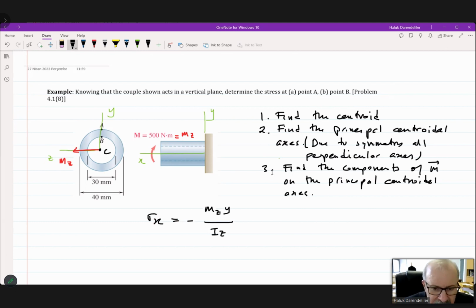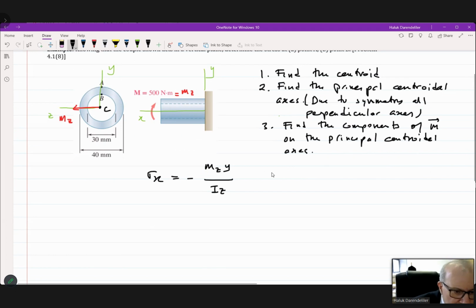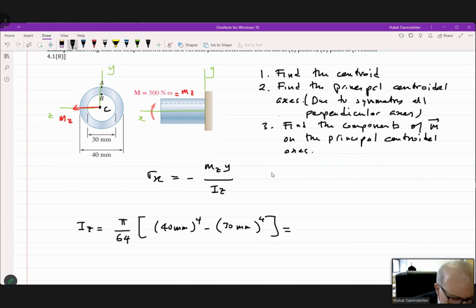What I need is the moment of inertia iz. What is iz? Iz is equal to, remember the equation, pi over 64, the outer diameter to the power 4, minus the inner diameter, 30 to the power 4. Now, the moment of inertia is 85,903 for the cross section.